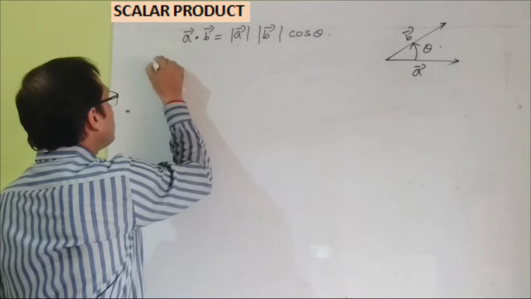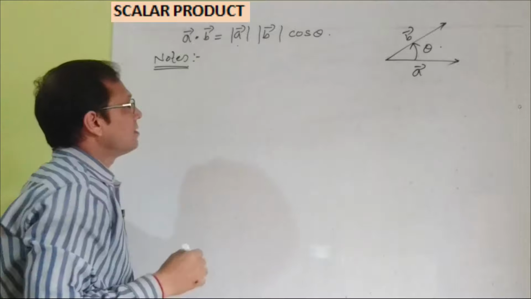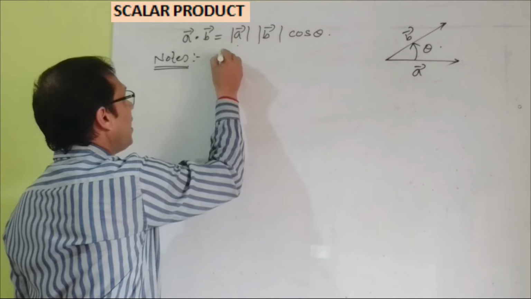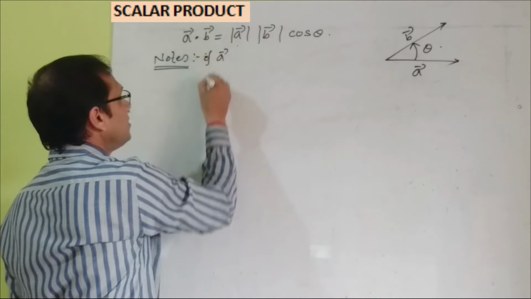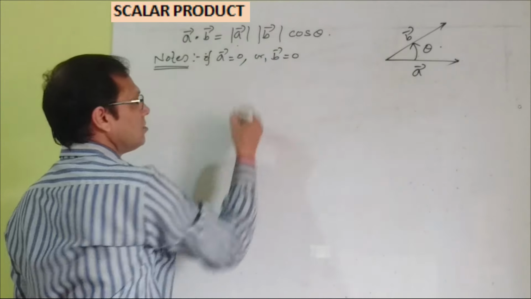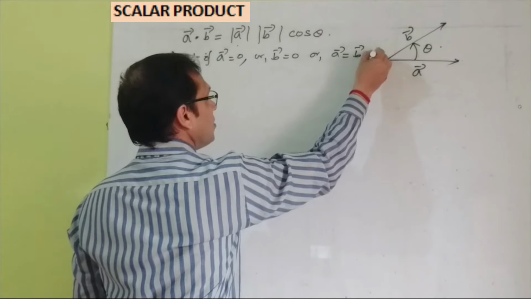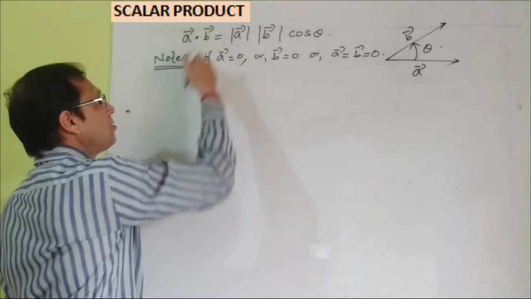Now we'll take some notes on this scalar product of two vectors. If a vector is equal to 0 or b vector is equal to 0 or both of them are equal to 0, then what will happen to a dot b?